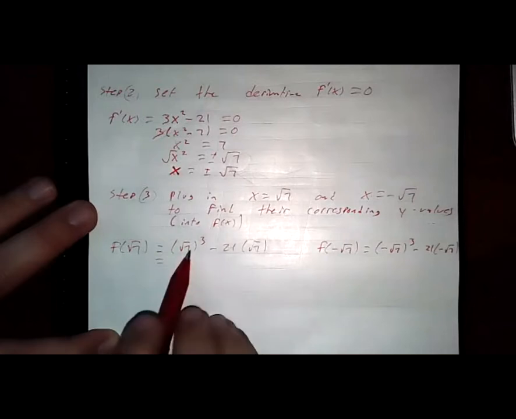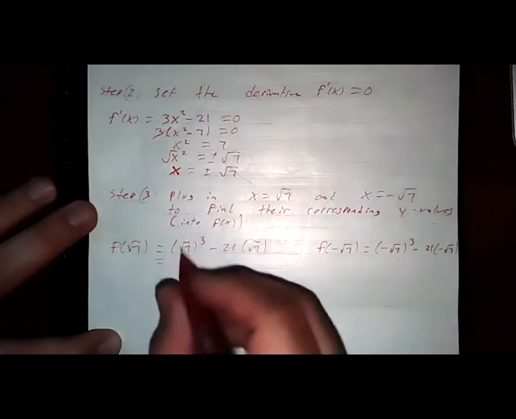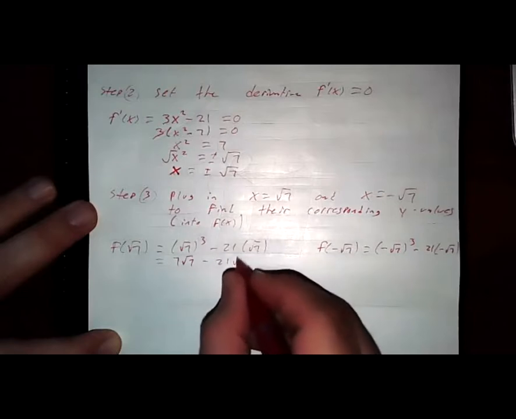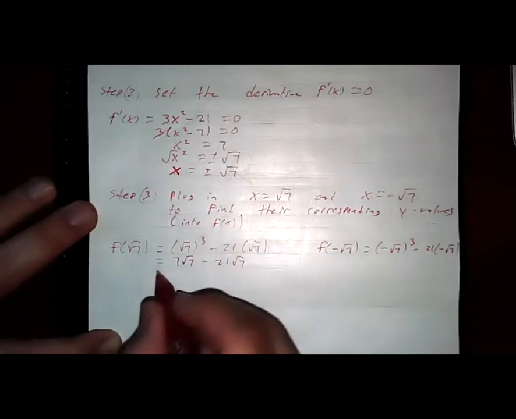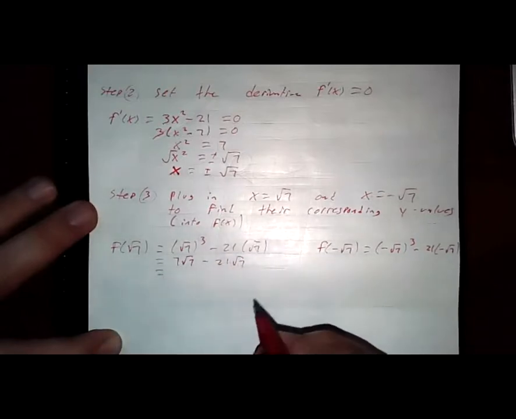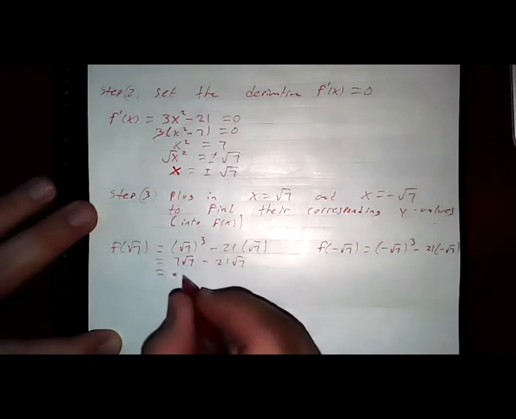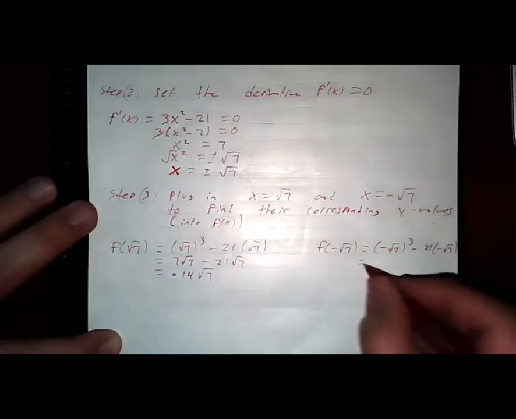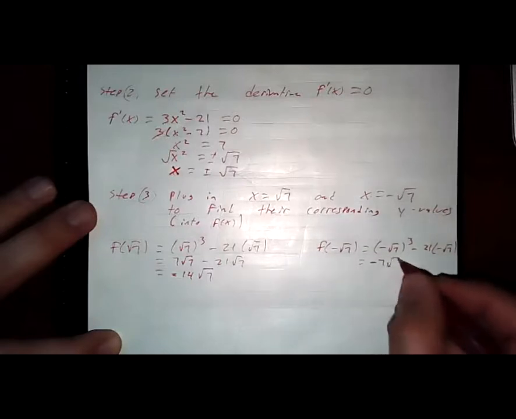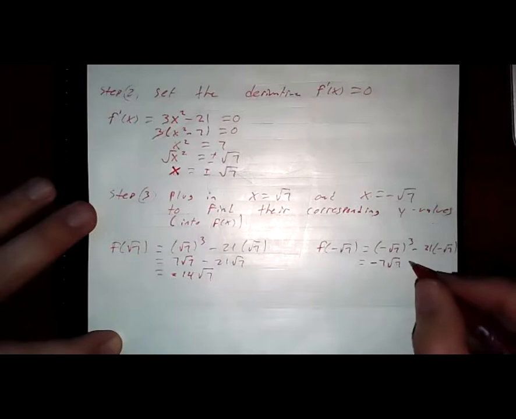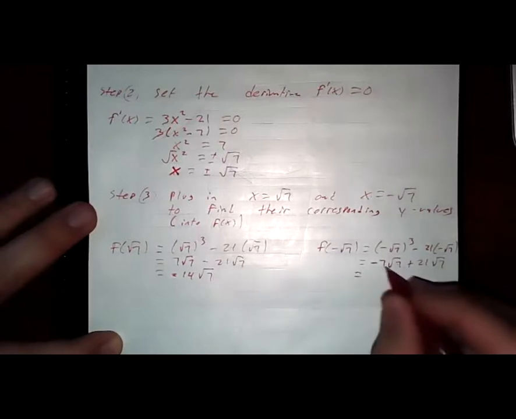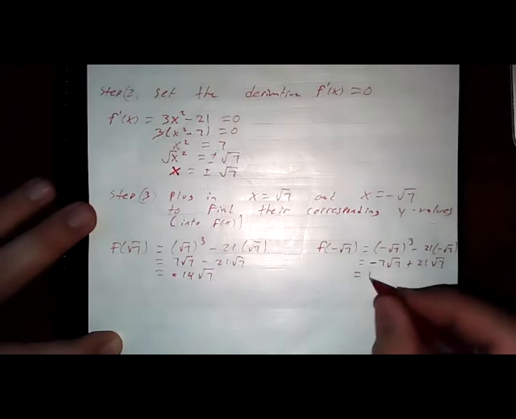So square root 7 times itself 3 times will be what? 7 square root 7 minus 21 square root 7, that would be negative 14 square root 7, right? This will be the same, except it is negative. Negative 7 square root 7 plus 21 square root 7, that would be positive.